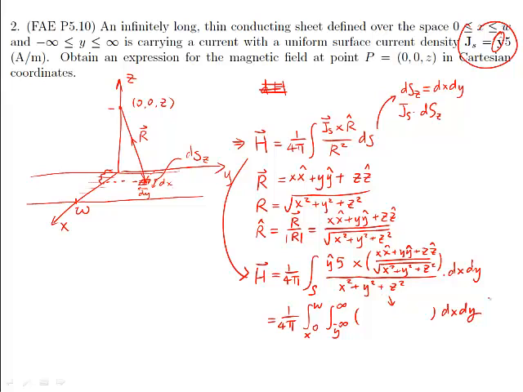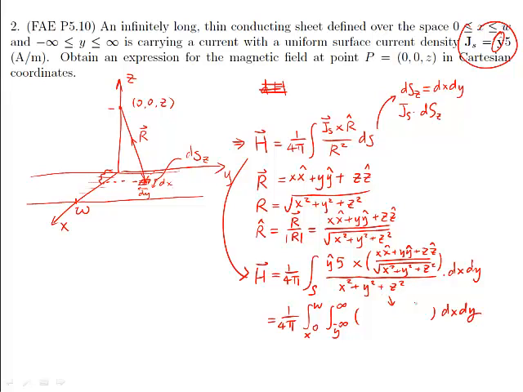Okay, now this is a rather complicated integration because it not only involves the integral, but it also involves different directions. So the cross product of these two would have all x, y, and z directions. In other words, you have to evaluate 3 different integrals along x, y, and z directions respectively.